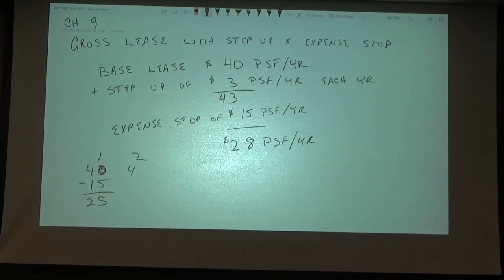Year 2 is going to be 43 minus 15, or 28. Year 3, 46 minus 15, or 31. Okay? Make sense? Okay, moving forward.